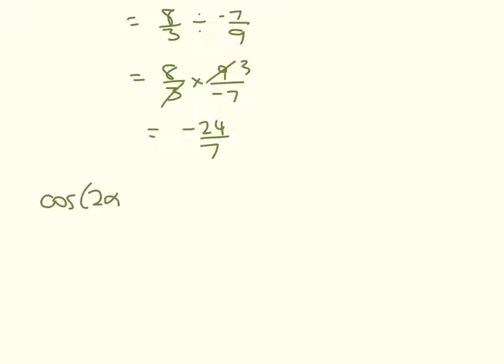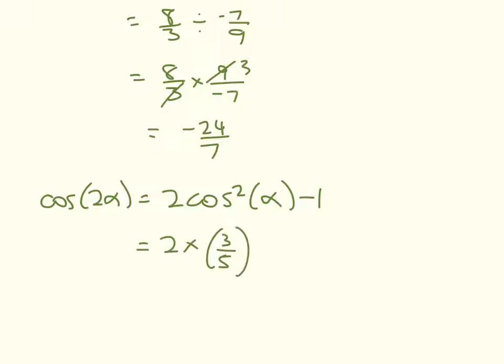Cos of 2 alpha, well, we've got quite a few choices for how we do this one, because we've got, of course, the 3 versions of the double angle for cos. So I'll use this one. So that's going to be 2 times 3/5 squared minus 1.